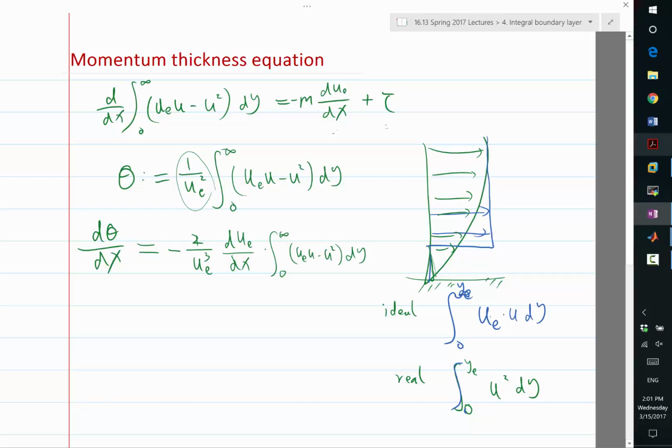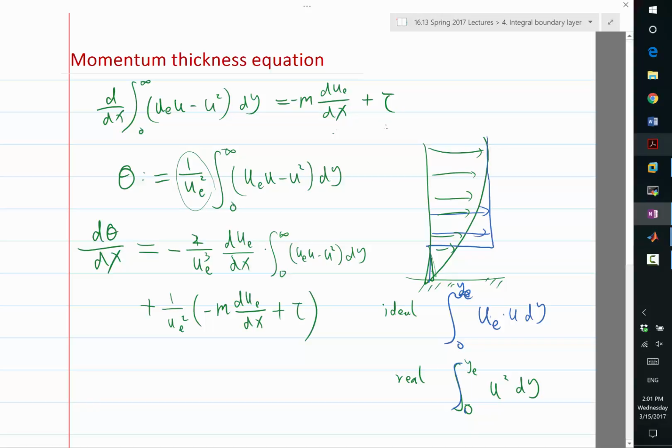The second term is 1 over ue squared times the x derivative of what we had before, the defect in the momentum. So 1 minus m times due dx plus tau.